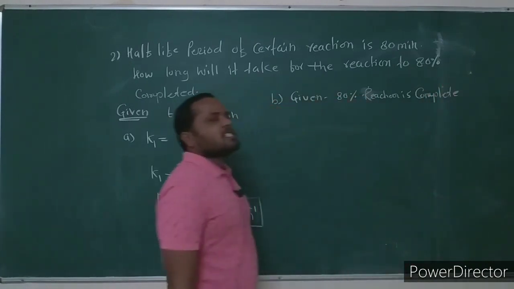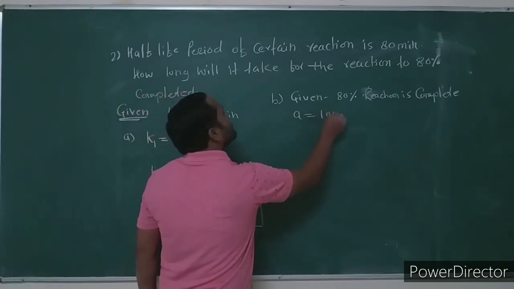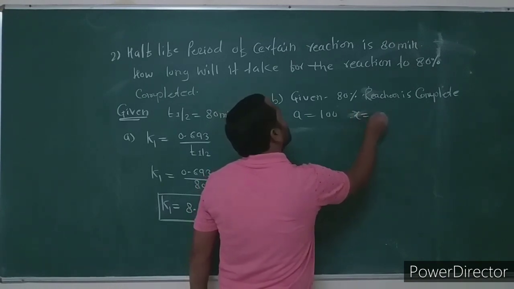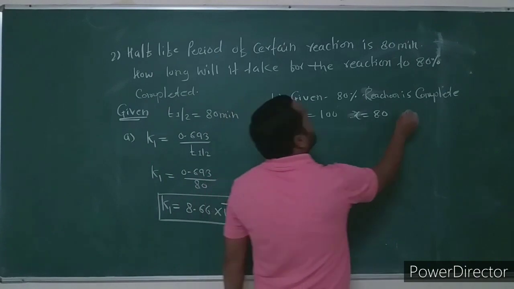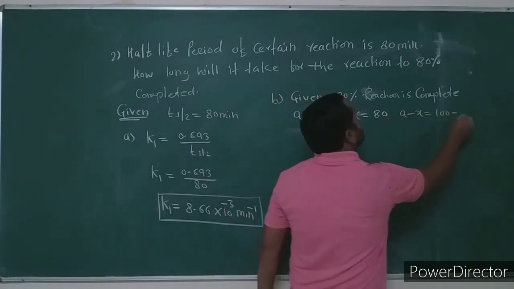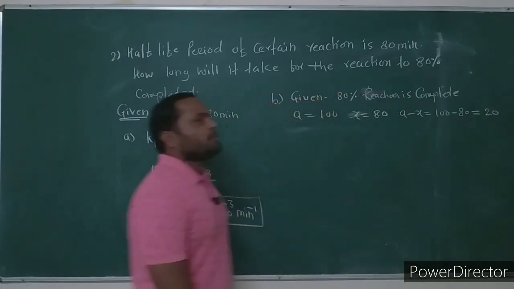If 80% of the reaction is completed, if the initial concentration A is 100, then X is 80. The reactant concentration remaining is A minus X, which is 100 minus 80, equal to 20.